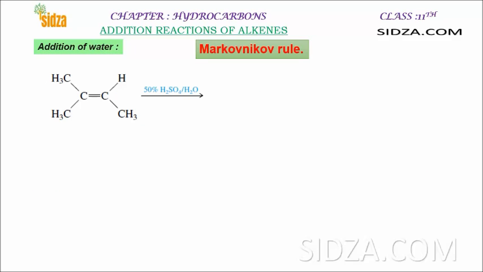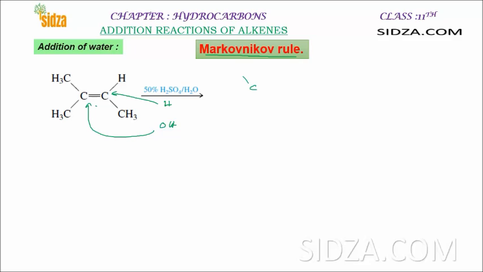Let's take another example. Here this is an alkene. Of the two carbon atoms, this carbon has one hydrogen atom. This one does not have any hydrogen atom. So when water adds across this double bond, it again follows the Markovnikov's rule. Again, the hydrogen will go to this carbon, and the hydroxide will attack this particular carbon.